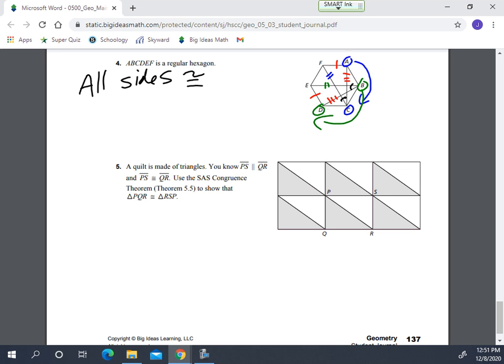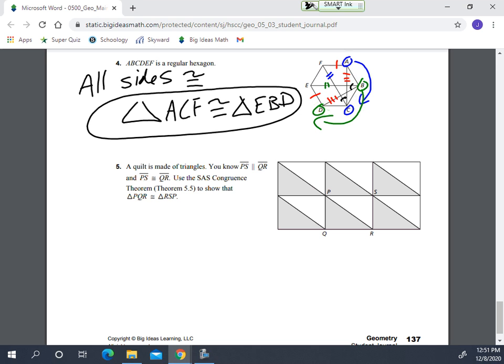So therefore, we can say triangle ACF is congruent to triangle EBD. There's our final answer.